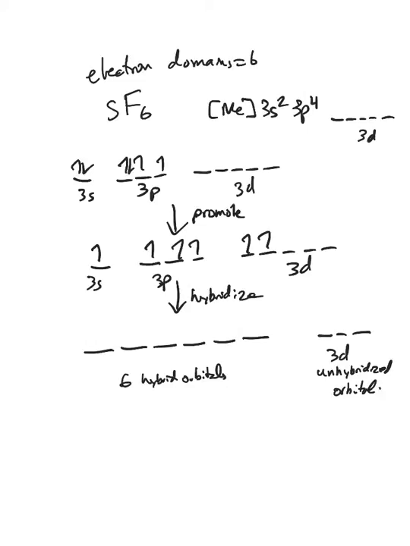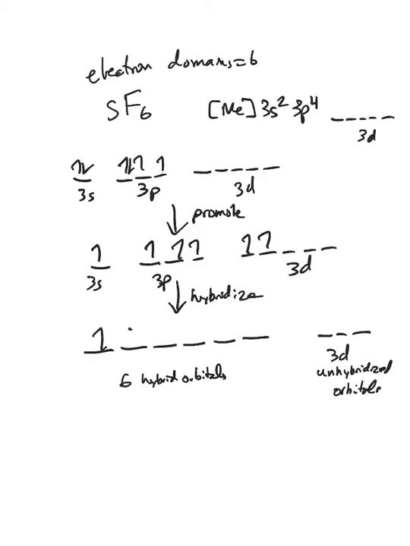The number of orbitals has to be conserved. What we start out with has to be the number we end up with. So we start out with 9 unhybridized orbitals between the 3s, 3p, and 3d, and now we've got 9 orbitals. When we're all said and done, 6 of them are hybrid, 3 of them are unhybridized.